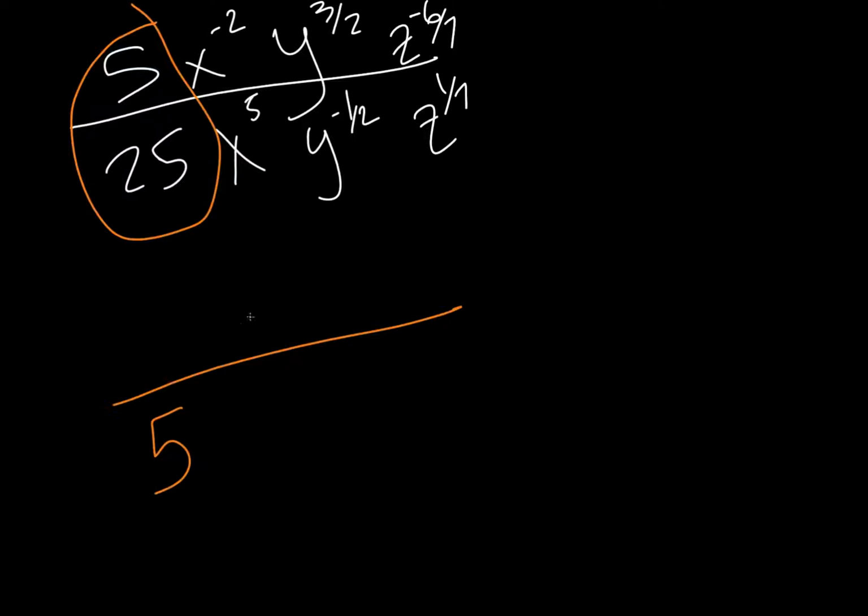I'm only going to write a 1 on top if there's nothing else on top. So I'll use it as a placeholder, but I don't have to write it. Now right here, x to the negative 2, I'm going to think of this like negative 2 minus 5, which is negative 7. And so I get x to the negative 7.